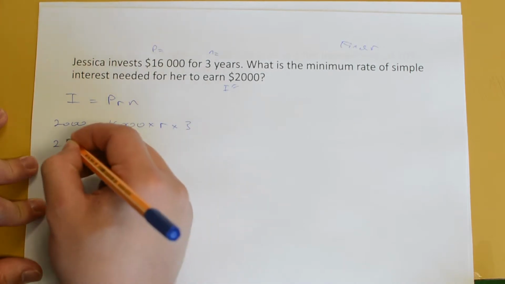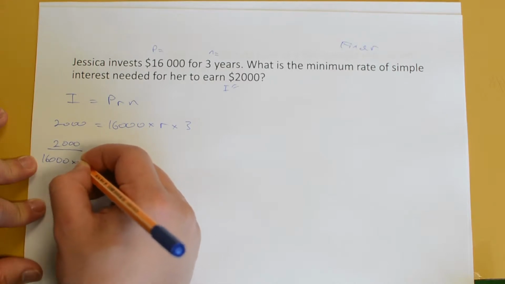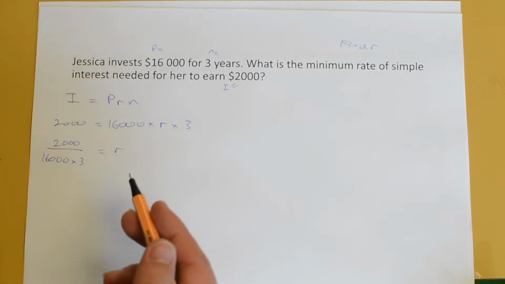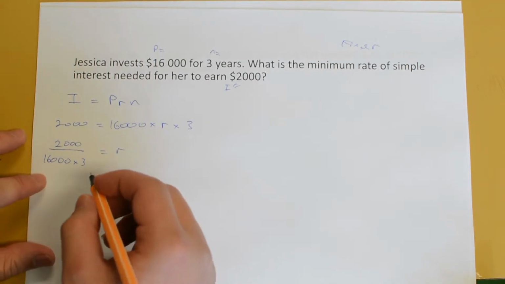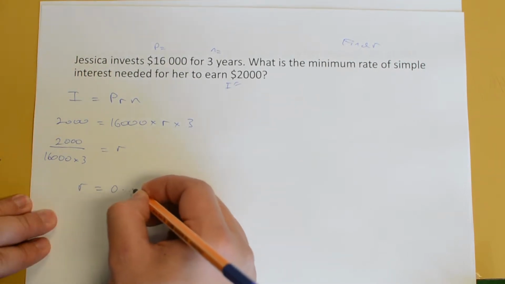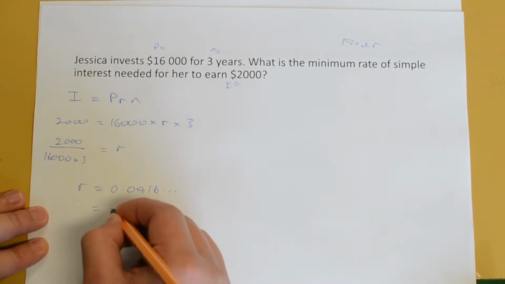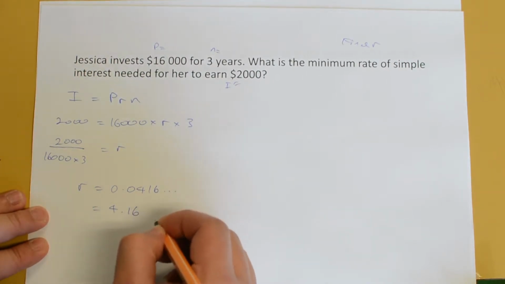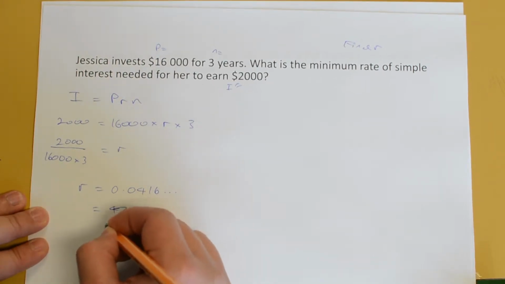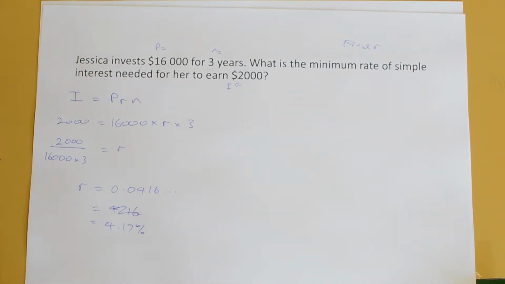So 2,000 divided by 16,000 and also divided by 3 will give you R. Now that R is by itself, we put it in the calculator. You'll get 0.0416 recurring. Now rounding to 2 decimal places, you get 4.17%. Okay, so just changing that decimal into a percentage.